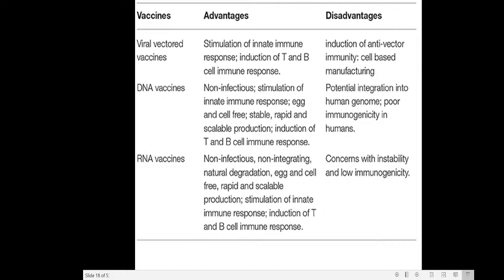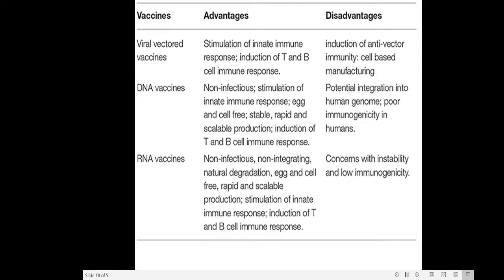And the RNA vaccine is non-infectious and non-integrating, because that RNA is specifically produced from the virus, so it is not able to be produced in a human. The virus has the specific nature to produce the RNA in a virus alone.